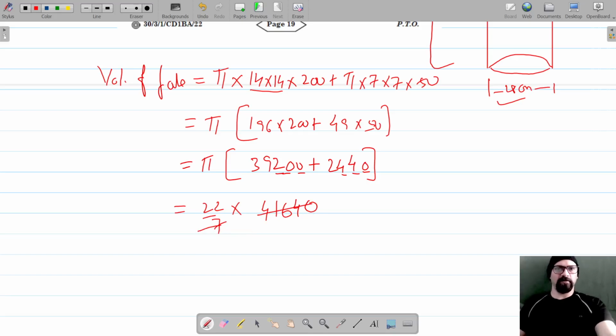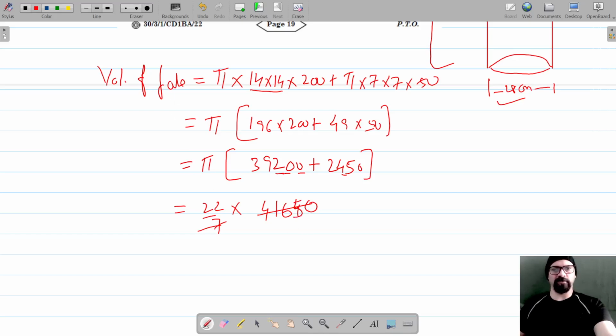If I divide this with 7, okay, let me just verify this. This is 196 into 200, which is 39,200, and 49 into 50 is 2,450. Now if I add 39,200 with 2,450, which gives me 41,650.